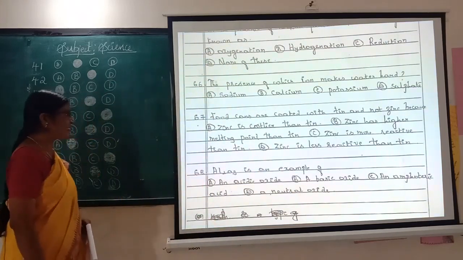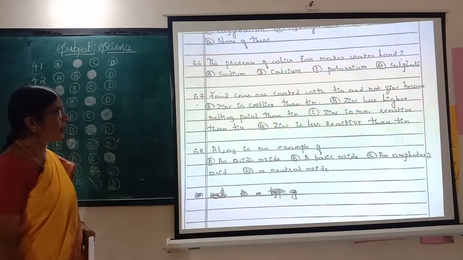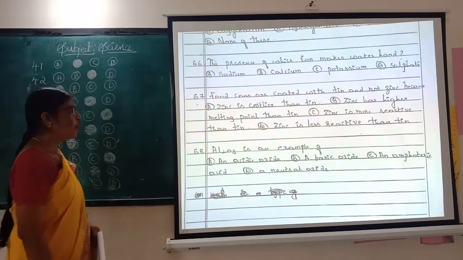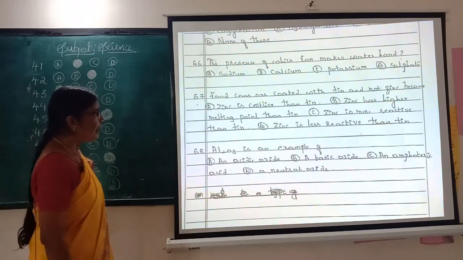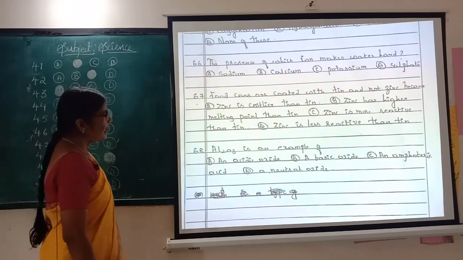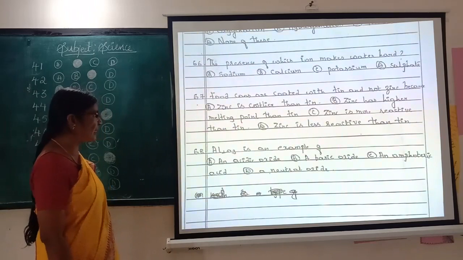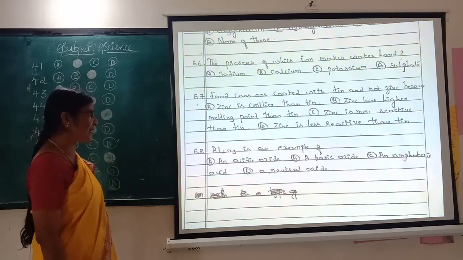Next, 67th question. Food cans are coated with tin and not zinc because option A, zinc is costlier than tin, option B, zinc has a higher melting point than tin, option C, zinc is more reactive than tin, option D, zinc is less reactive than tin.